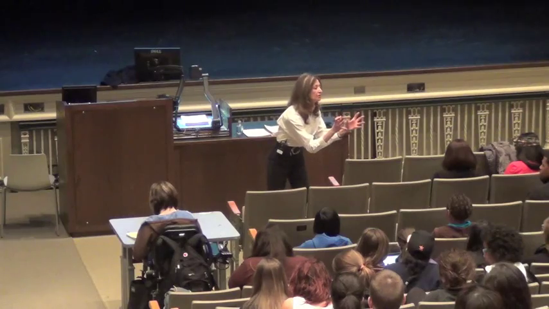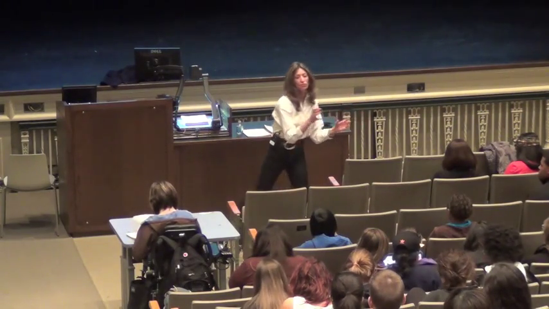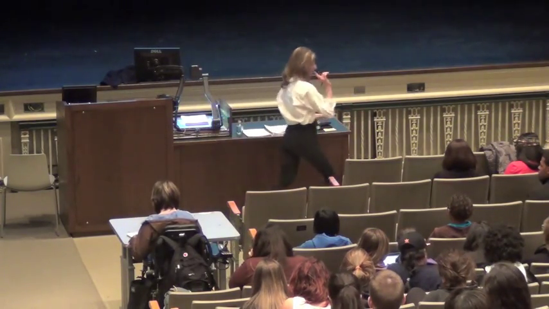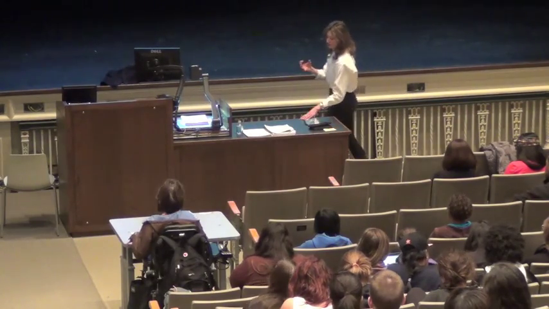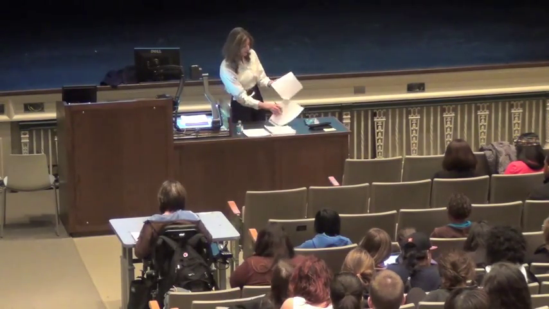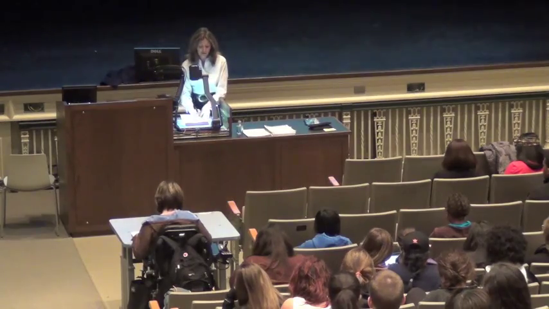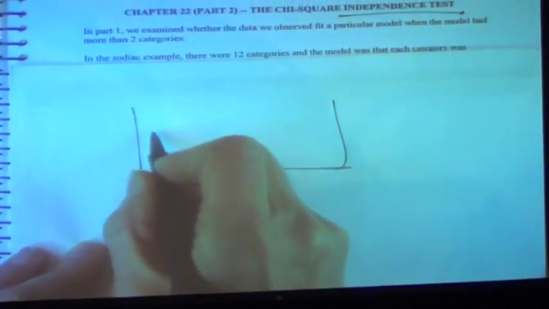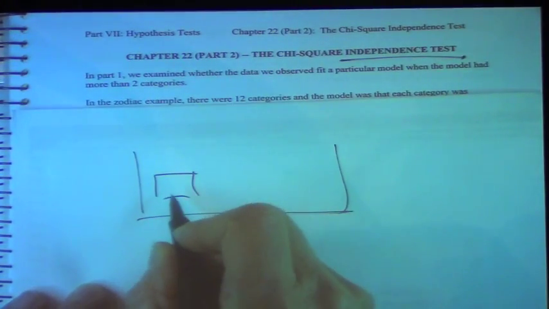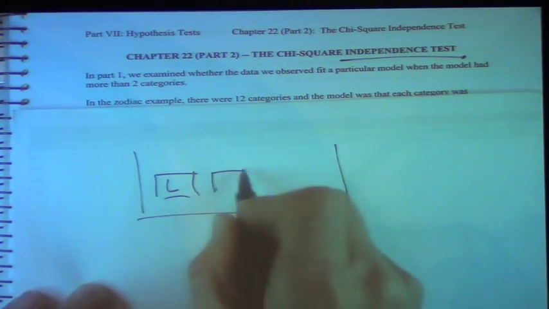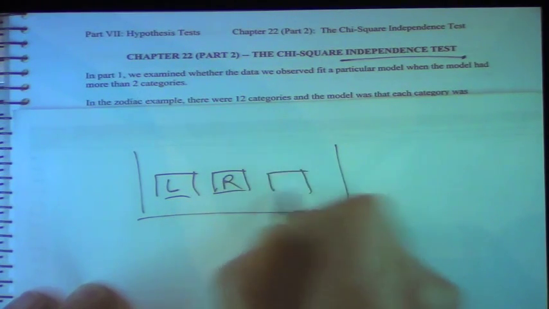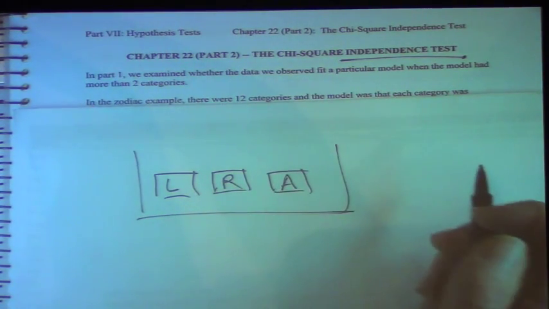That would be our model. This would be a goodness of fit test, where we have a model that we specified, with three categories: left-handed, right-handed, and ambidextrous.